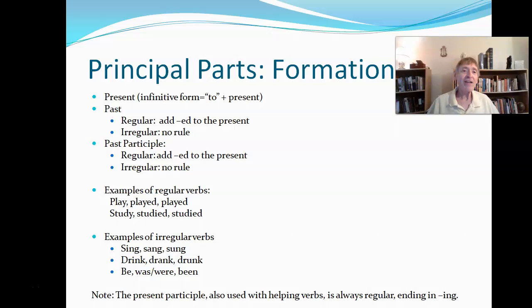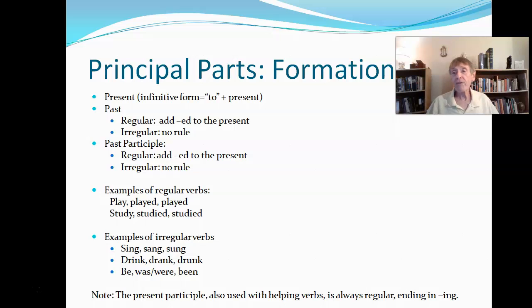So regular verbs are verbs like play, study. Study is regular even though it ends in a Y. We know we change the Y to I and then add the ED. Irregular verbs are verbs that sometimes fall into a pattern, like the verb sing.